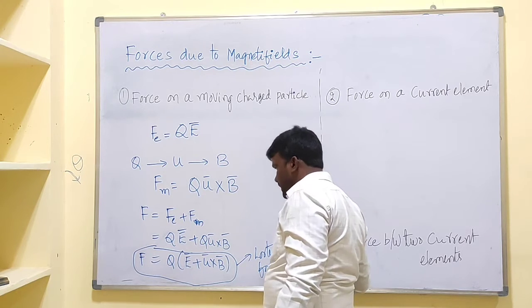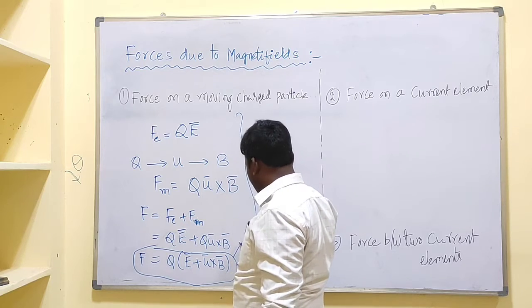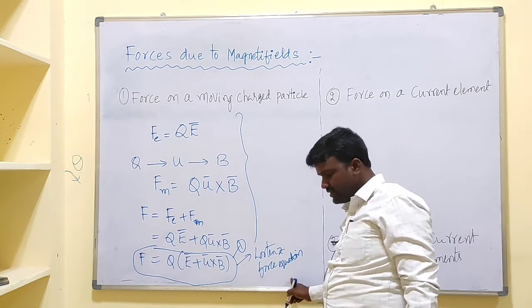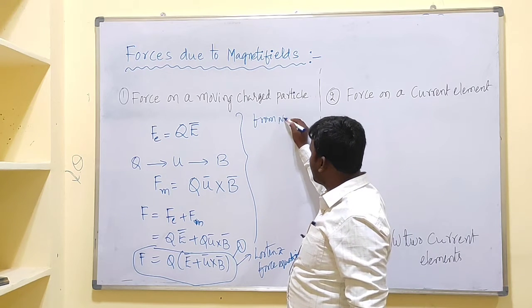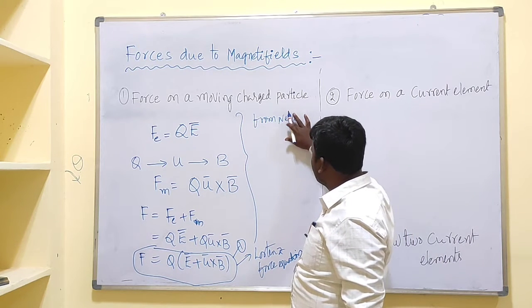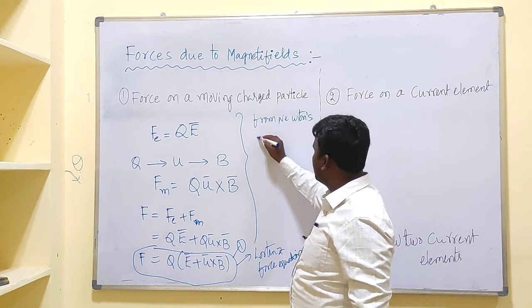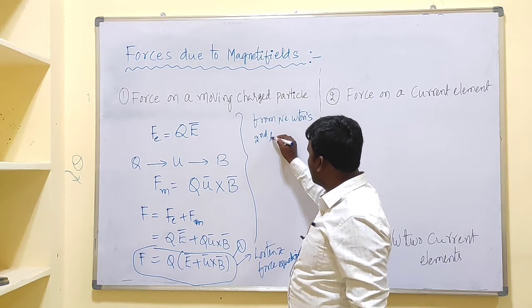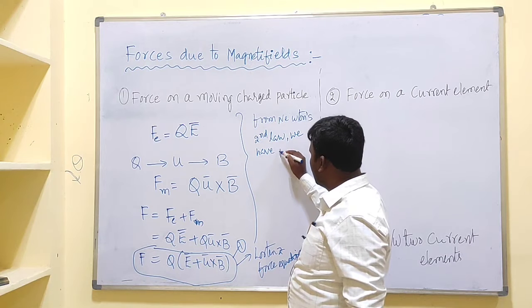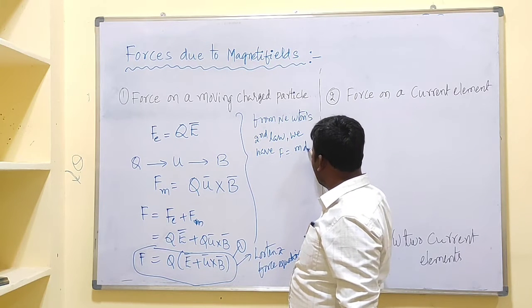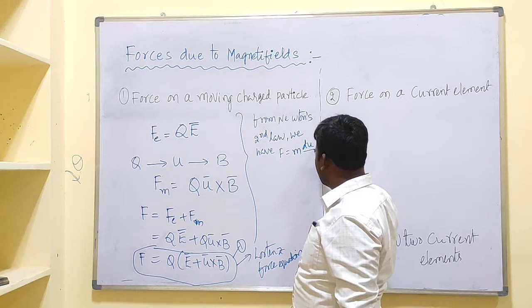Let us take this as equation 1. Equation 1 is known as the Lorentz force equation. From Newton's second law, we have F equal to m into du by dt.